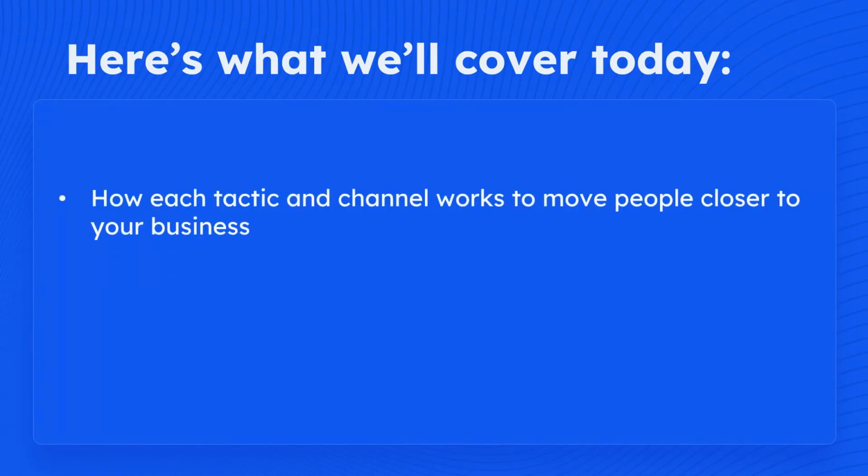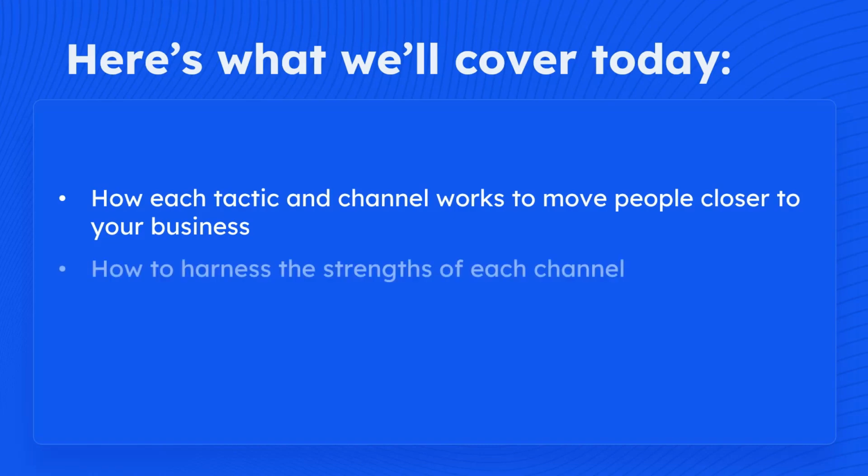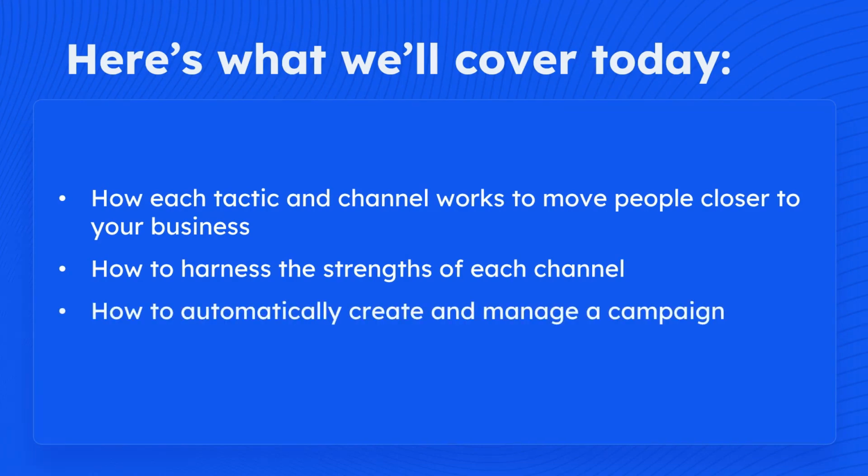We'll be talking about how each channel, mostly focusing on social media, email, and text message, how those all work together to move people closer to your business. Then we'll talk about how to harness the strengths of each of those channels. And then we will go into a demo and create a multi-channel campaign in your account with our campaign builder tool.